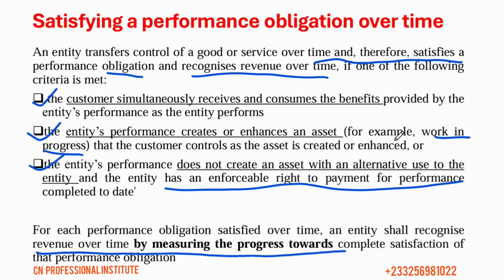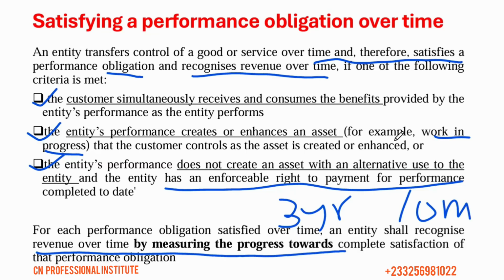So let me give an example. Let's say you go into a contract to build a house worth 10 million for a customer, for a 3 year period. So you are building a house worth 10 million for a customer for 3 years. Now, when do you record revenue? When do you record the 10 million as revenue?